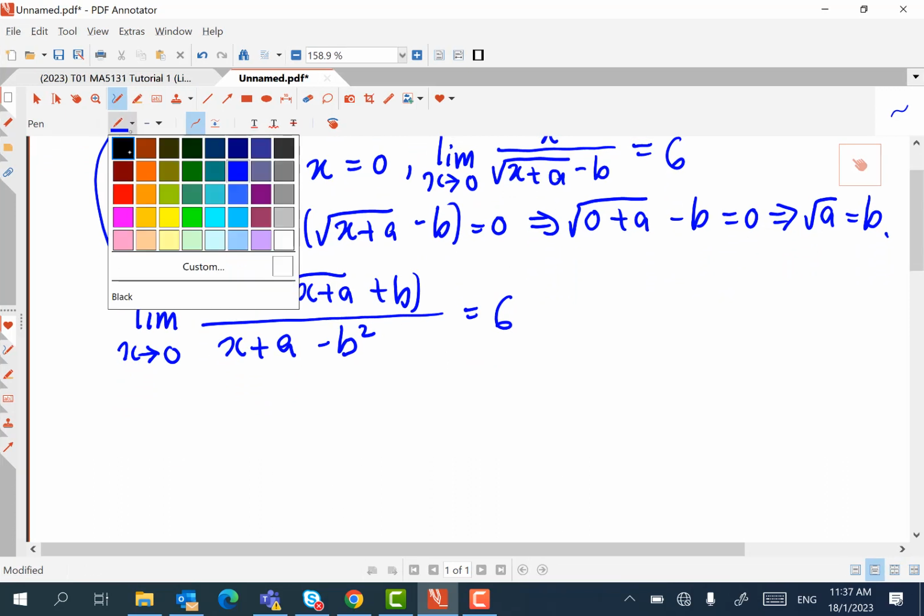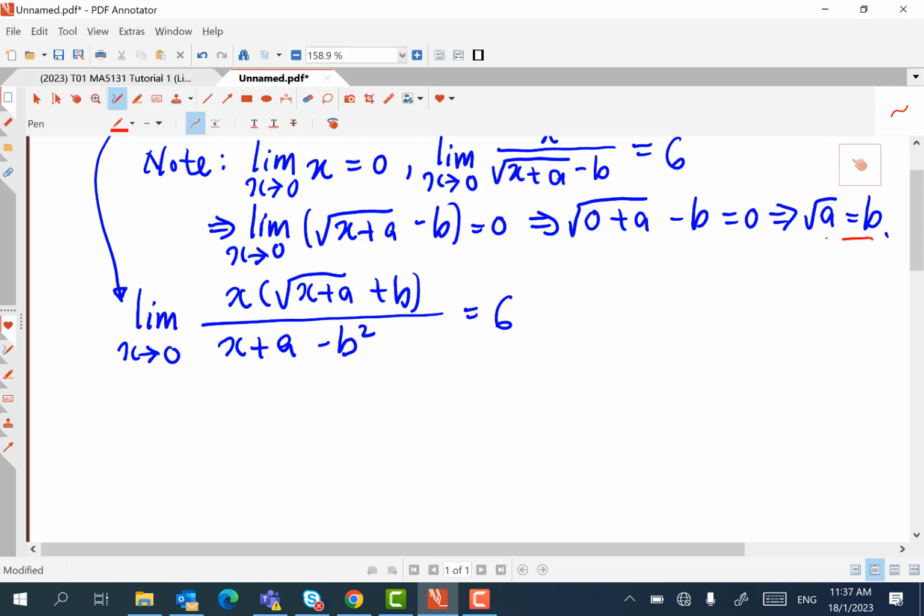So because of our conclusion here, this therefore is 0. And because it's 0, I can now do this cancellation, and that implies that root a, and let me call this equation 2. And what is my equation 1?